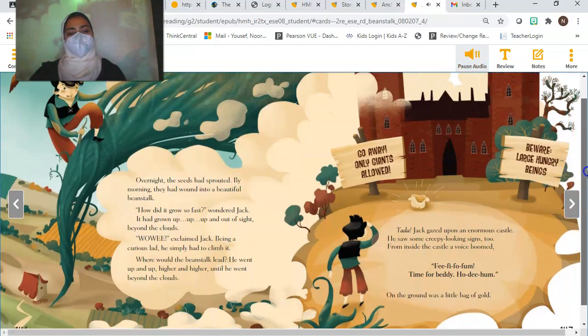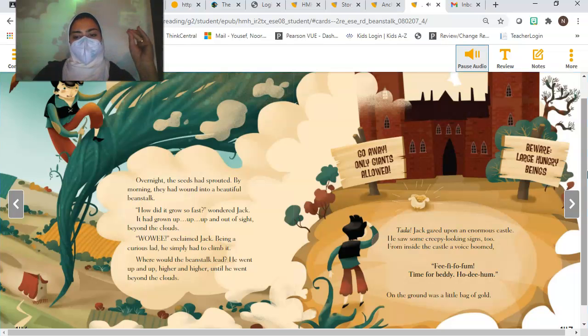Overnight, the seeds had sprouted. By morning, they had wound into a beautiful beanstalk. How did it grow so fast, wondered Jack. It had grown up, up, up, and out of sight beyond the clouds. "Wowee!" exclaimed Jack. Being a curious lad, he simply had to climb it. Where would the beanstalk lead? He went up and up, higher and higher, until he went beyond the clouds.